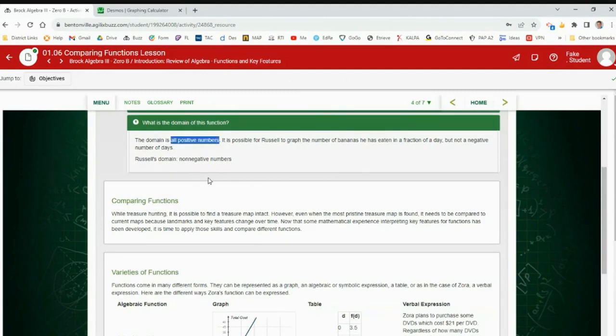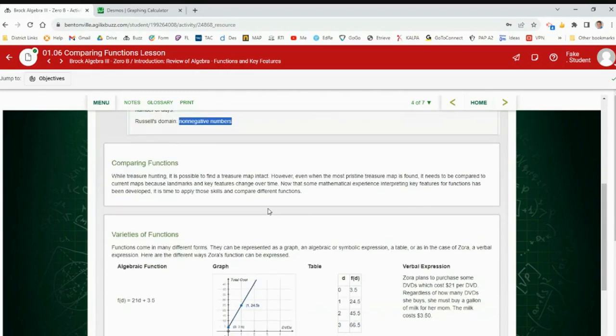All positive, not all numbers, all positive numbers. It is possible for Russell to graph the number of bananas he's eaten in a fraction of a day, but not a negative number of days. So basically x is greater than or equal to 0. And so Russell's domain is non-negative numbers. That's another way of saying it: non-negative numbers, all positive numbers, et cetera.